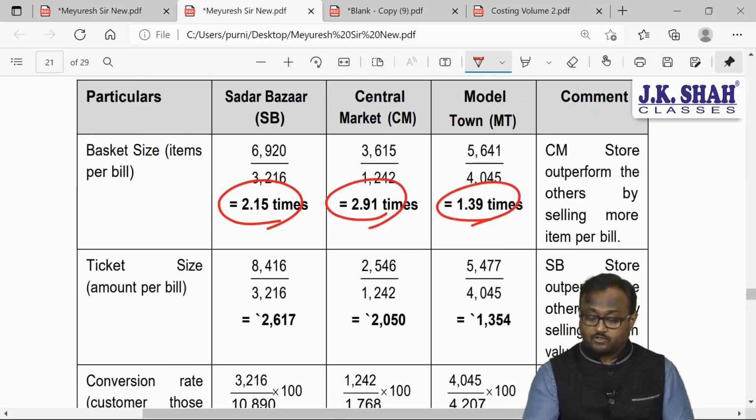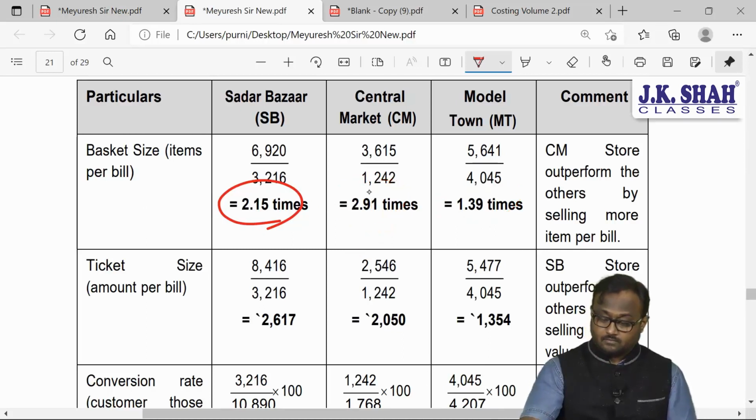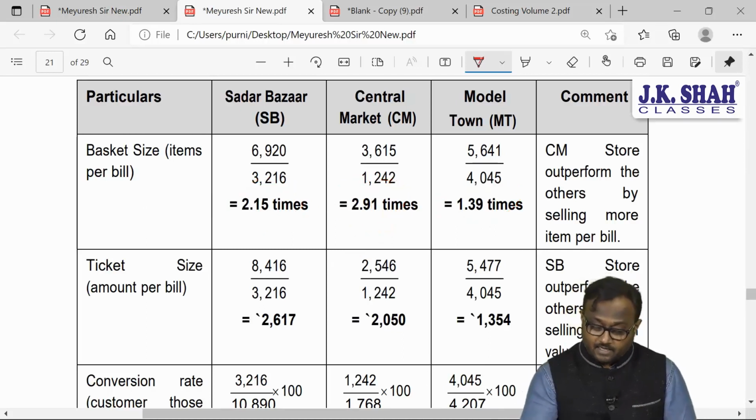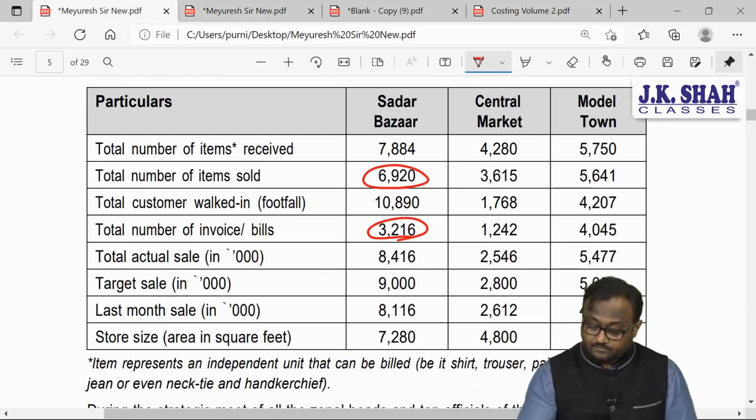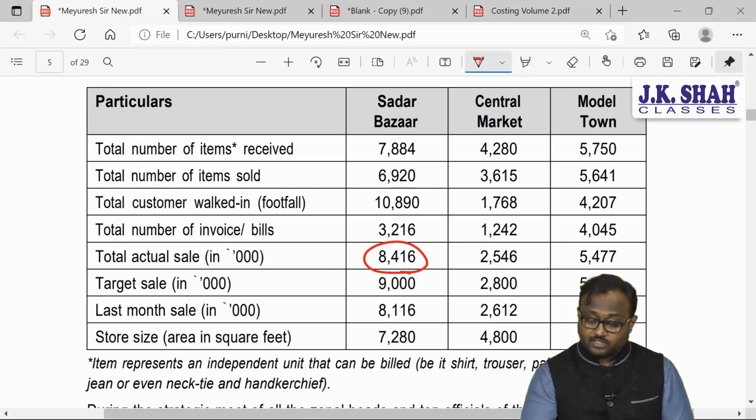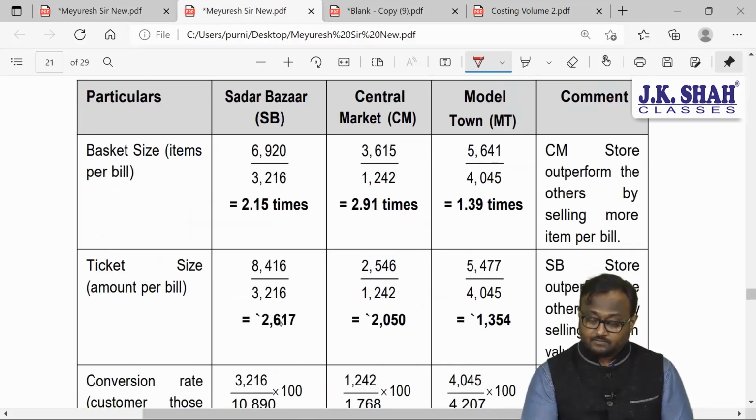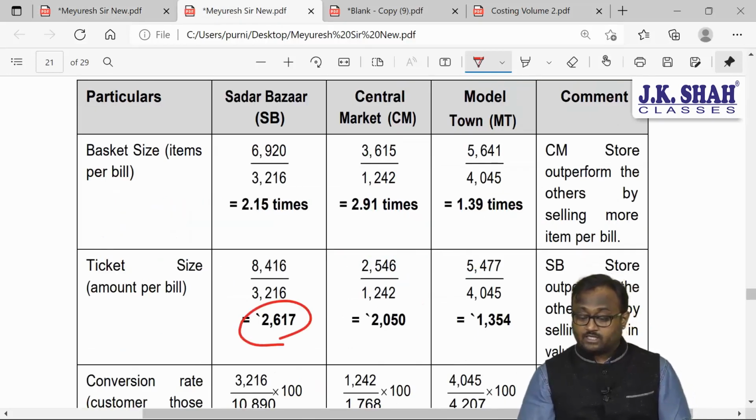Similarly, 2.91. So this is better, right? The second one can be ticket size. This is what you have registered as total sales against 3216 bills. So 2617 is the highest per bill amount.